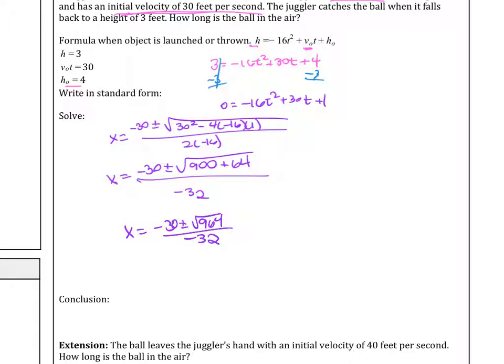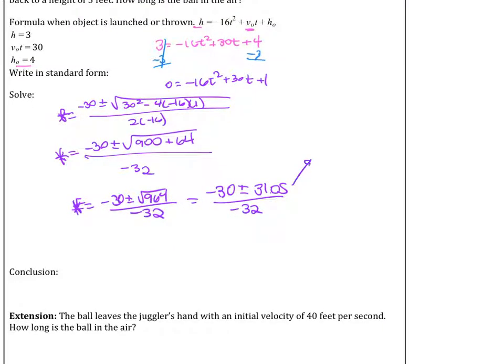And actually we're not solving for x, we're solving for time. Okay, so let me change that to time. These are all time. And then let me simplify the square root of 964. If I plug it in the calculator, that is approximately 31.05 over negative 32.